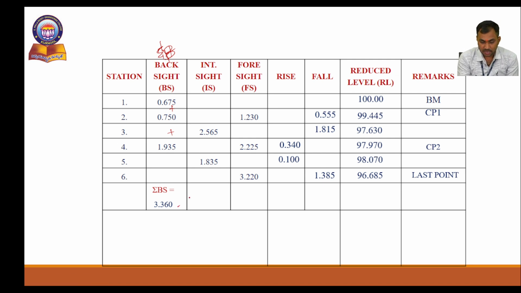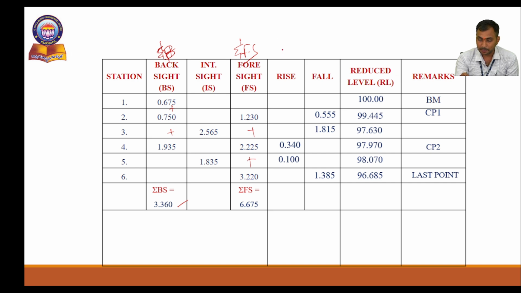If we add, we will get the summation of backsight as 3.360. Next, the summation of foresight: 1.230 plus 2.225 plus 3.220. Then we will get the summation of foresight as 6.675.